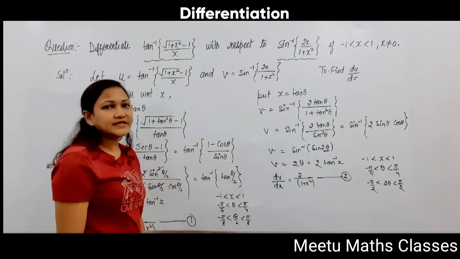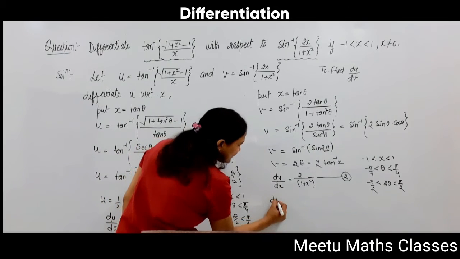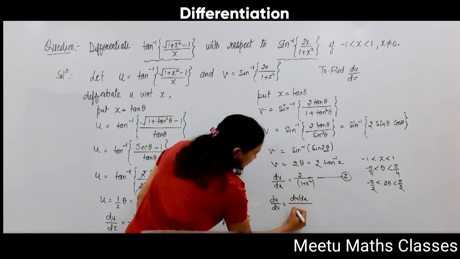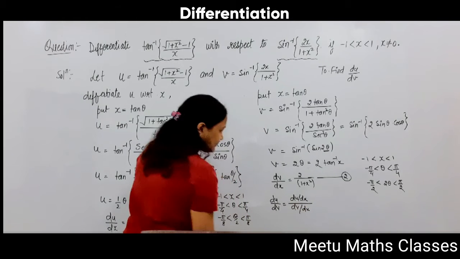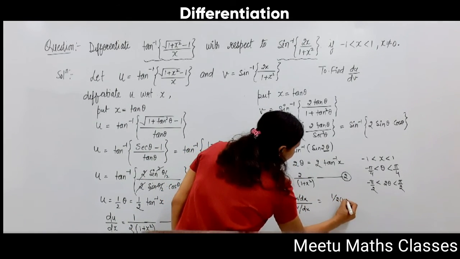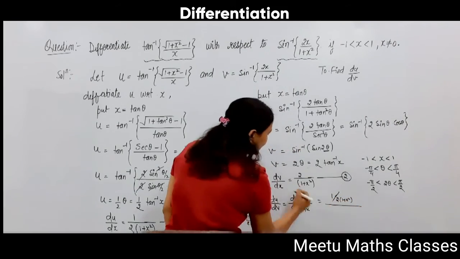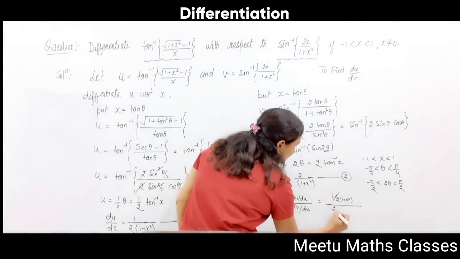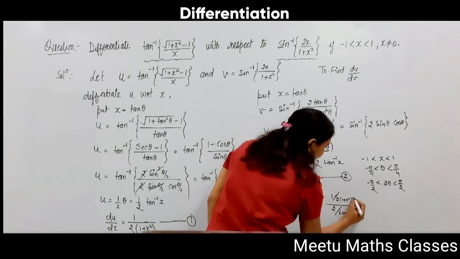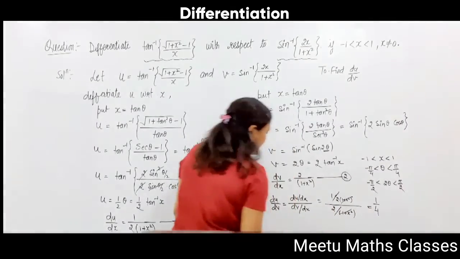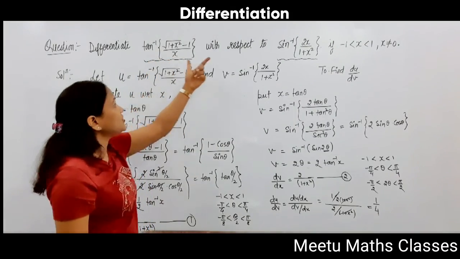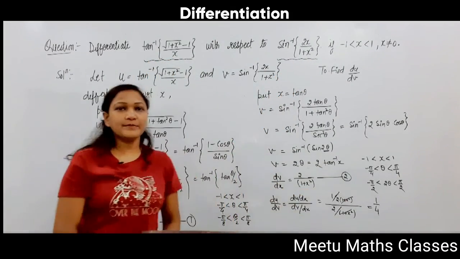Now our purpose is to get du by dv, and du by dv is equivalent to du by dx upon dv by dx. du by dx is 1 upon 2 times 1 plus x square, and dv by dx is 2 upon 1 plus x square, and this will give you 1 upon 4. So du by dv, the derivative of this function with respect to this function, is 1 by 4.